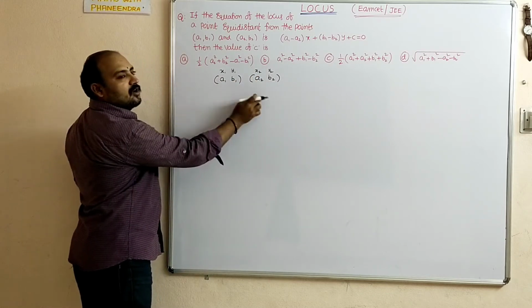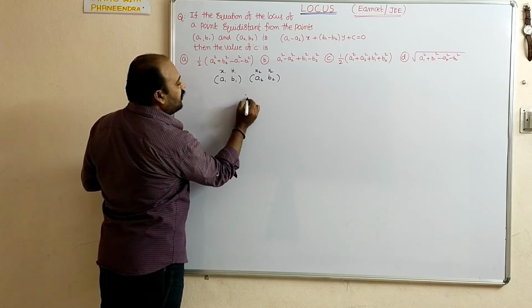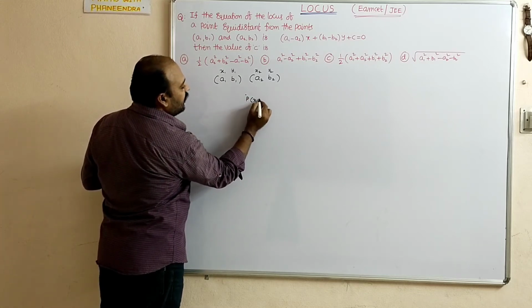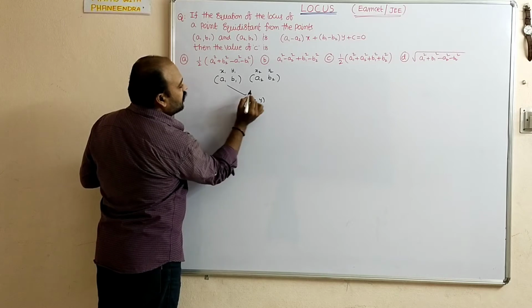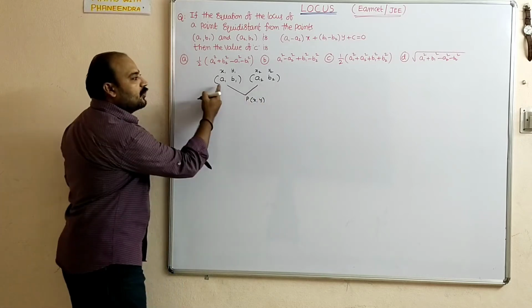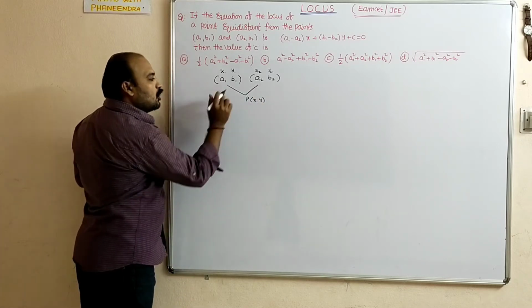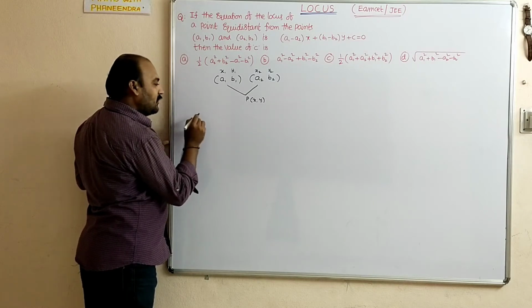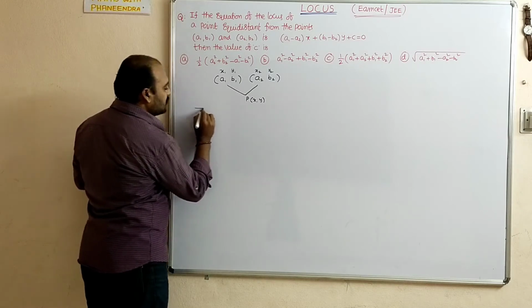These two points are equidistant from a point P(x, y). This locus we already discussed in the previous session.